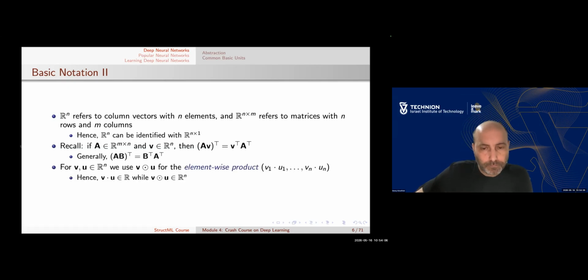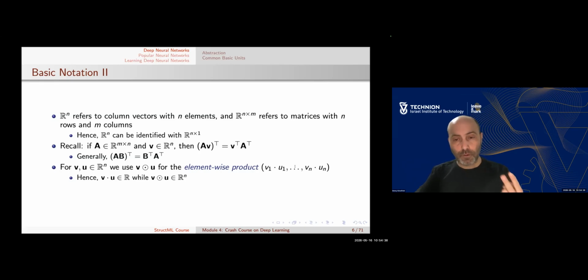Now, I'm also going to use this notation of element-wise product. So I have two vectors of the same length n, v and u, and v ⊙ u is the vector of n elements, where the ith element is the product of the corresponding ith elements of the two vectors, v_i times u_i. Okay?